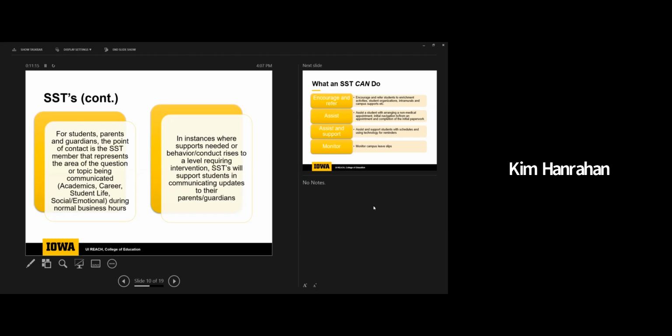And we will ask you for guidance and suggestions as we are getting to know a student and developing interventions or supports. That's regardless of whether your student is their own guardian or not. And we actually encourage students to always include you when those interventions or supports are being identified and developed.